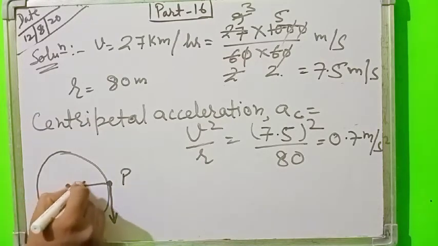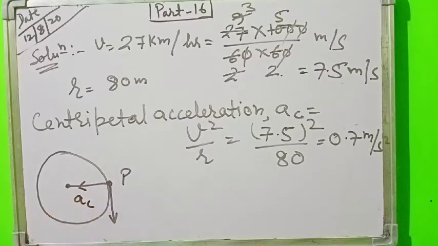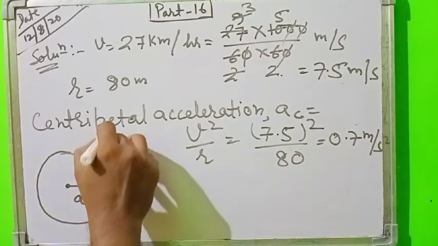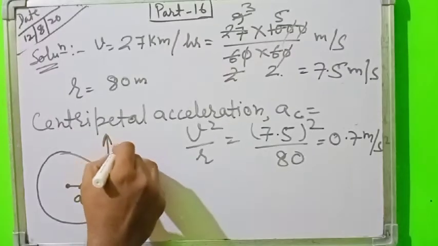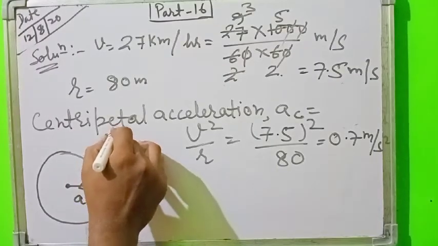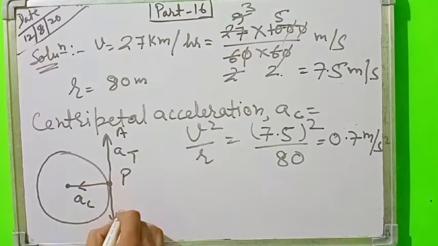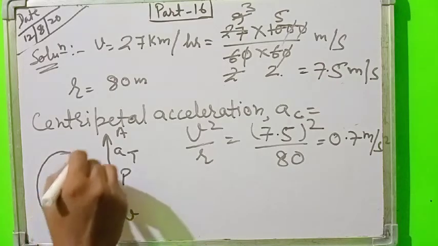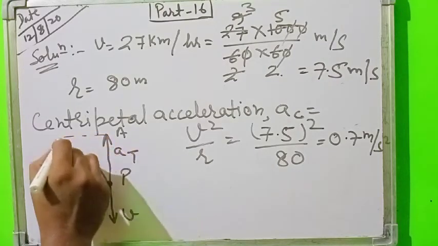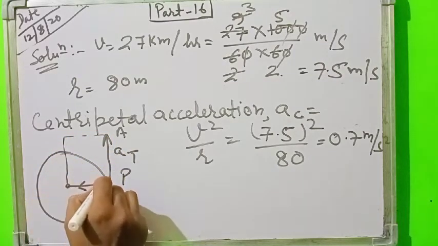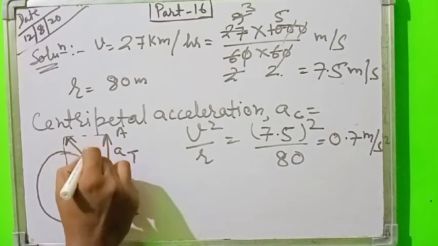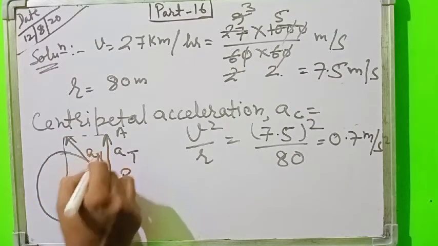This is the direction of centripetal acceleration AC, and when he applies the brake, this is the tangential acceleration AT. This is velocity v. Now the resultant of these two accelerations gives the net acceleration.